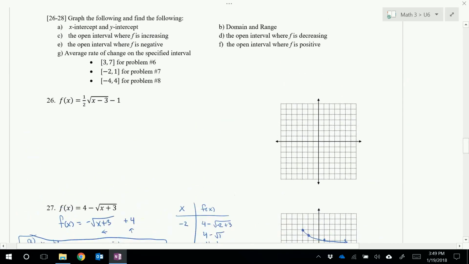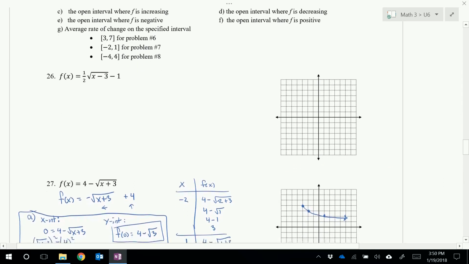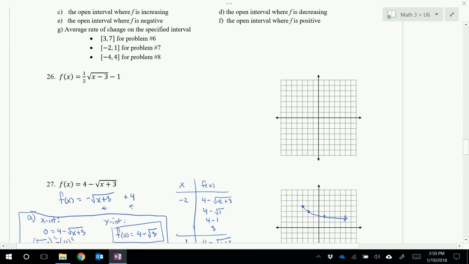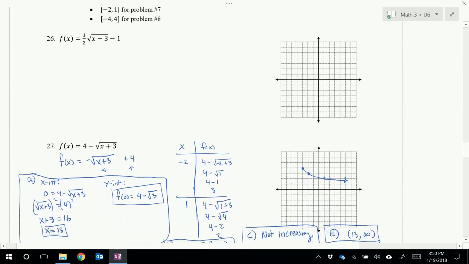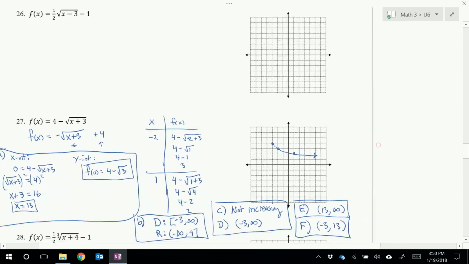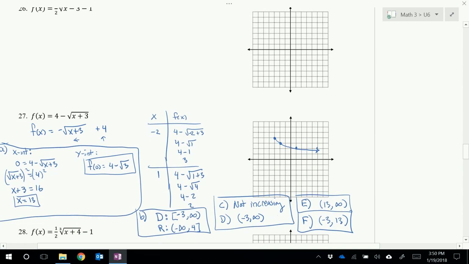And then G, for problem, should say number 27, it says 7, but it should say 27. We want to work on the interval from -2 to 1. And those are in our chart here already, so we know these points already.